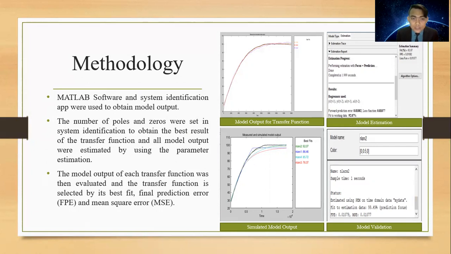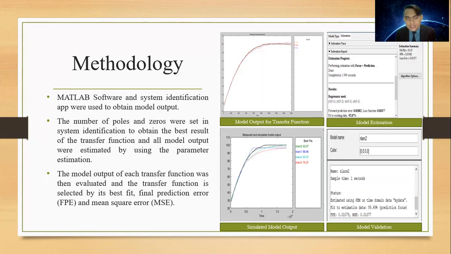The number of poles and zeros were set in system identification to obtain the best result of the transfer function, and all model outputs were estimated by using parameter estimation. The model output of each transfer function was then evaluated, and the transfer function is selected by its best fit, final prediction error (FPE), and mean square error (MSE).